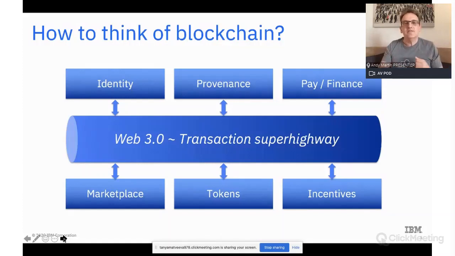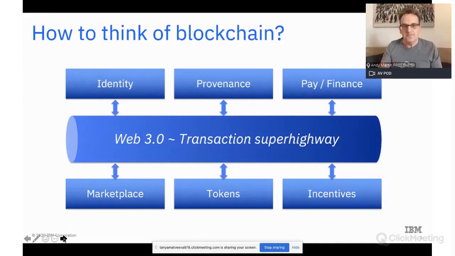It gave us an information superhighway. Now dial forward to 2008, 2009, and we now have a re-implementation of the internet to give us a transaction superhighway. So in the words of Ginny Rometty, blockchain will do for transactions what the World Wide Web did for information.